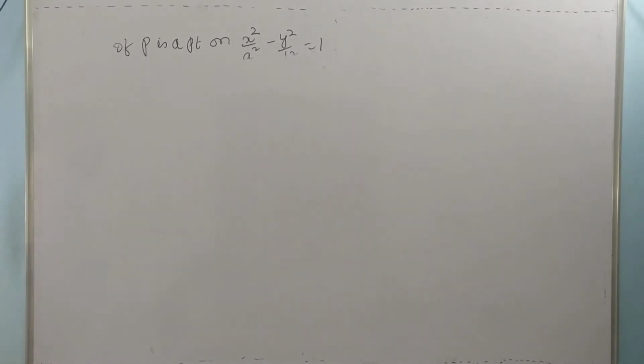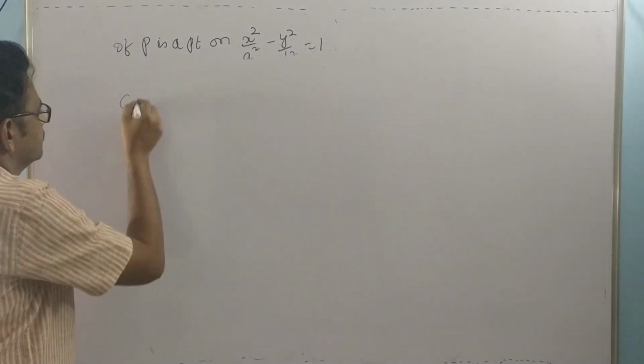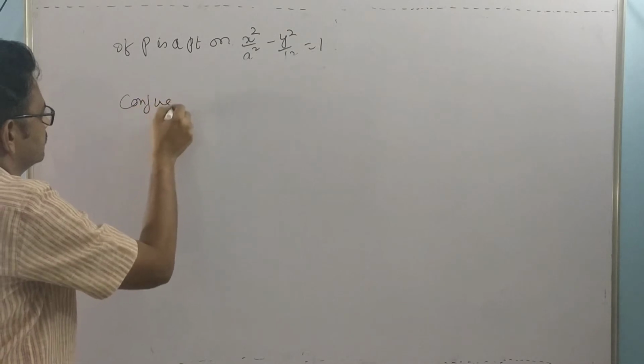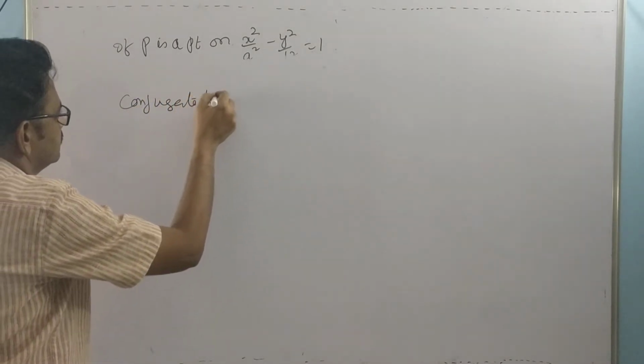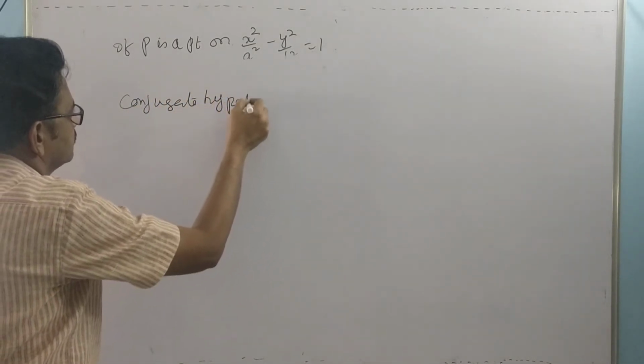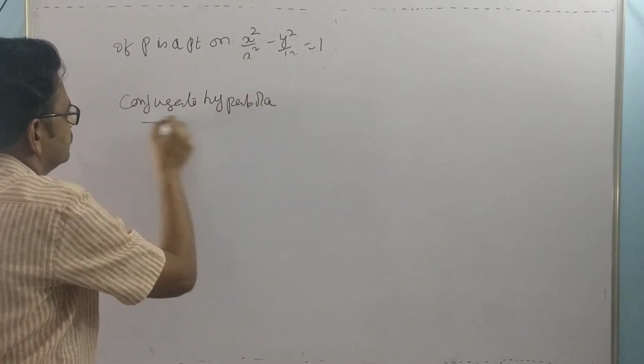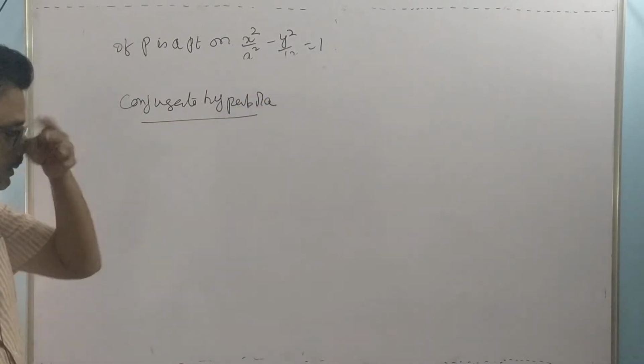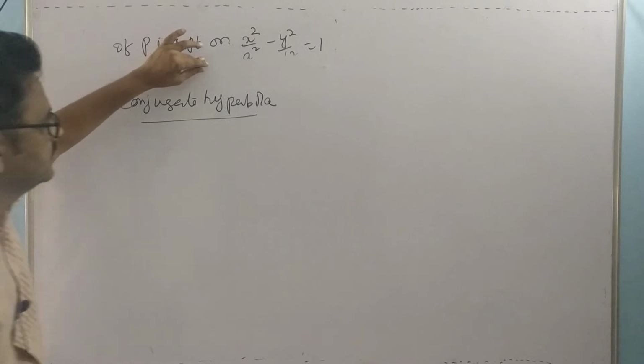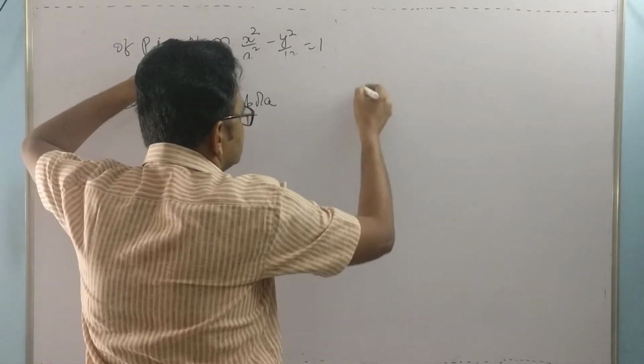Conjugate hyperbola. See, conjugate hyperbola means, so this is the hyperbola.